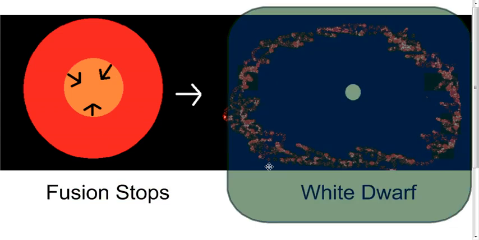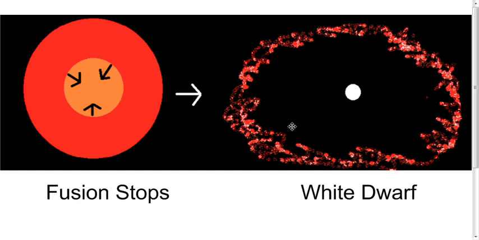And what happens is it expels its outer layers in the process, and in the center what's left behind is a white dwarf. And these outer layers of the atmosphere of the star get dispersed outward, and they get sent off into the nether regions, and we'll find out what they can do. But this is for smaller to medium-sized stars.